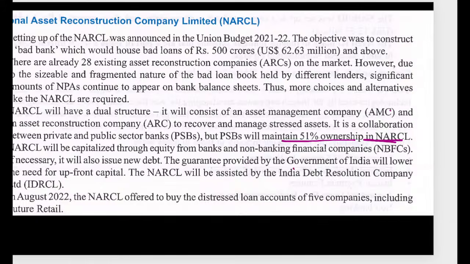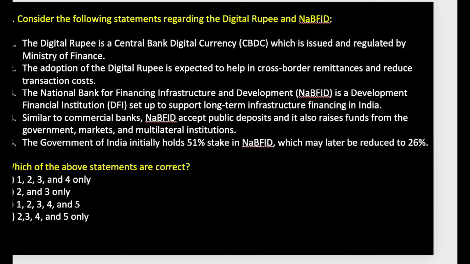The guarantee provided by the government of India lowers the need for this. NARCL will be assisted by this one. So the statement here is about NARCL. In NARCL we have a 51% stake of public sector banks, but when it comes to IDRCL, it is a 49% stake. I'll cross check this once. You just go through and read the other statement.